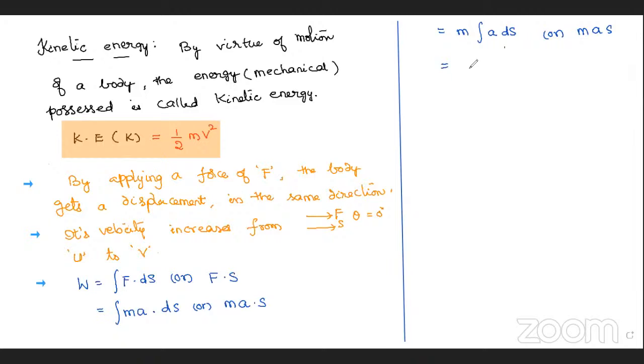Then what do you do, sir? Simple. a I can write in differential form either dv by dt or v dv by dx. Any one I can write.